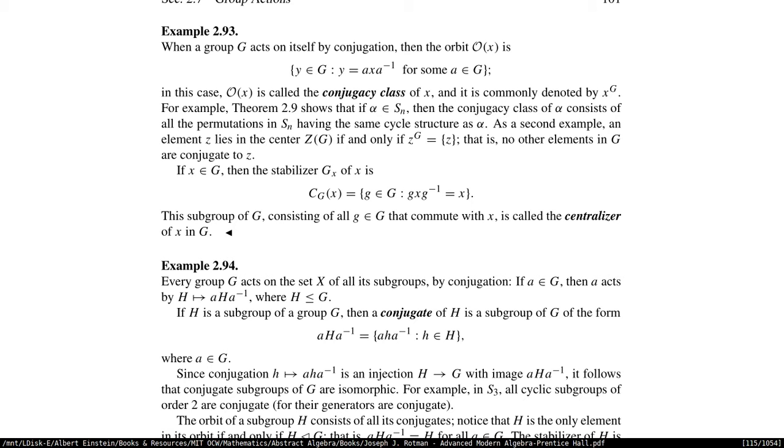So the stabilizer of the element A is at least going to be somewhere between Z and P.